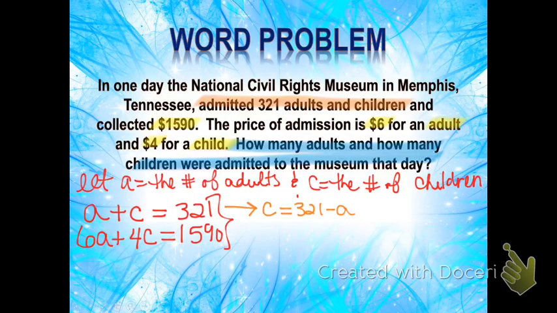Then I'm going to replace the C in the second equation with my new expression for C, which is 321 minus A. So now my second equation becomes 6A plus 4, but then instead of C, I know that C is equal to 321 minus A, and then copy the remainder of the equation from there.